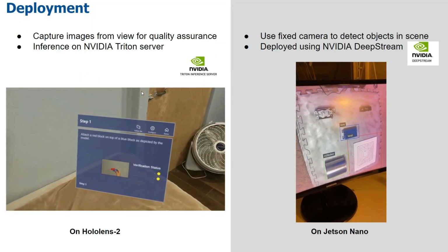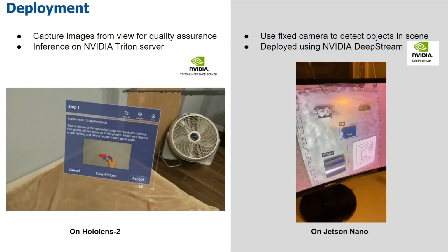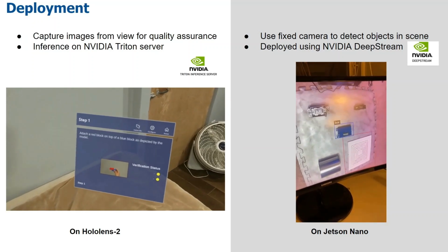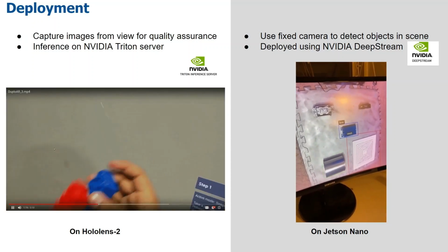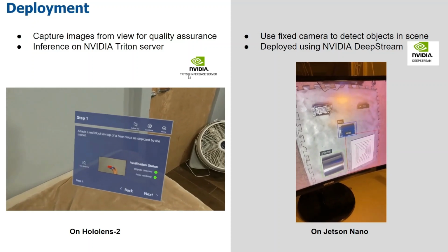To deploy the models for use in quality monitoring, there are some options available through Nvidia's offerings. As mentioned before, we use Nvidia's Triton Inference Server, which allows local deployment of neural network models.